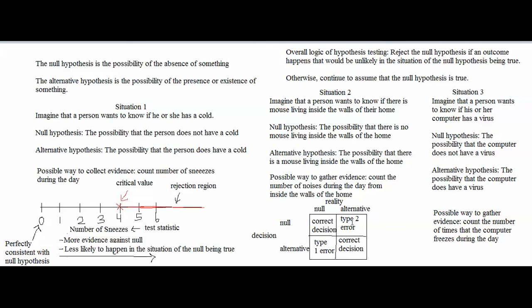So what's happened in that situation is that I've just observed some misleading evidence that led me to a wrong conclusion, but it doesn't mean that I did anything wrong as a researcher.